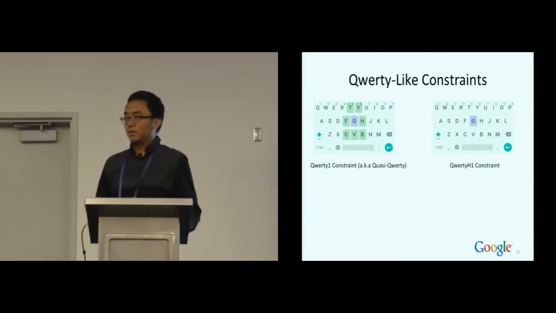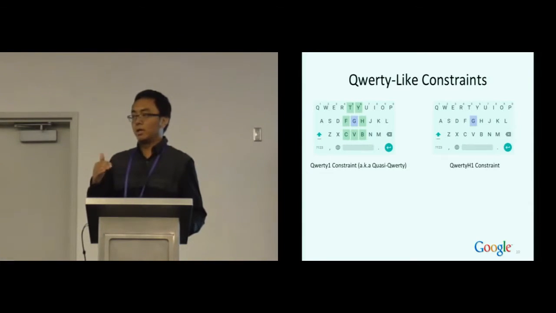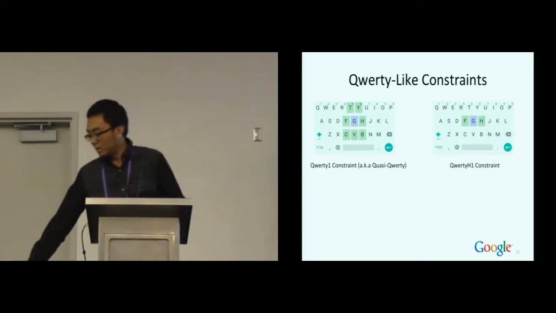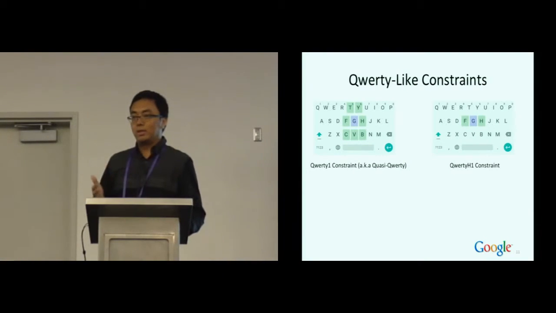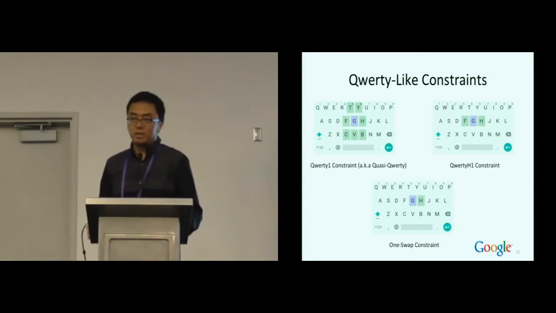The second constraint is even stronger. We call it the Qwerty H1 constraint. Basically, the keys can only move horizontally on the same row, and of course, at most one key away from its Qwerty position. So for letter G here, it has only 3 possibilities in the optimized layout. And the third one is the strongest.